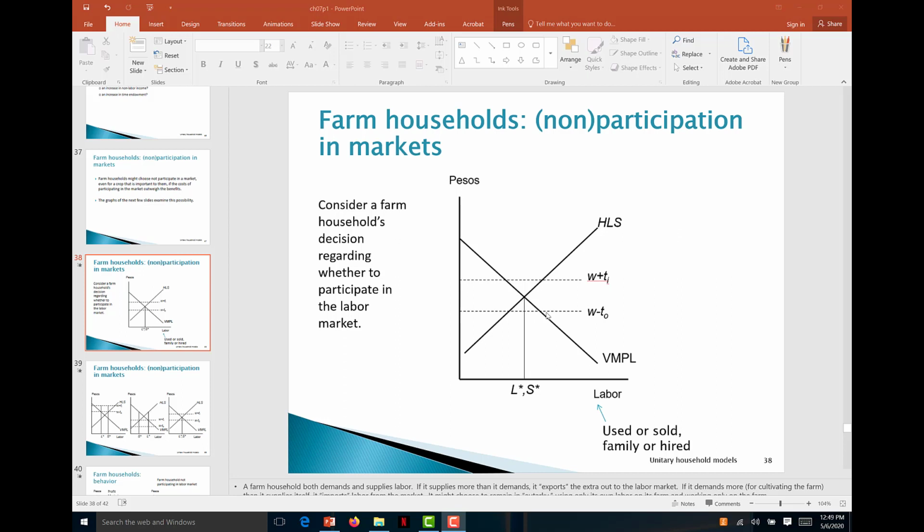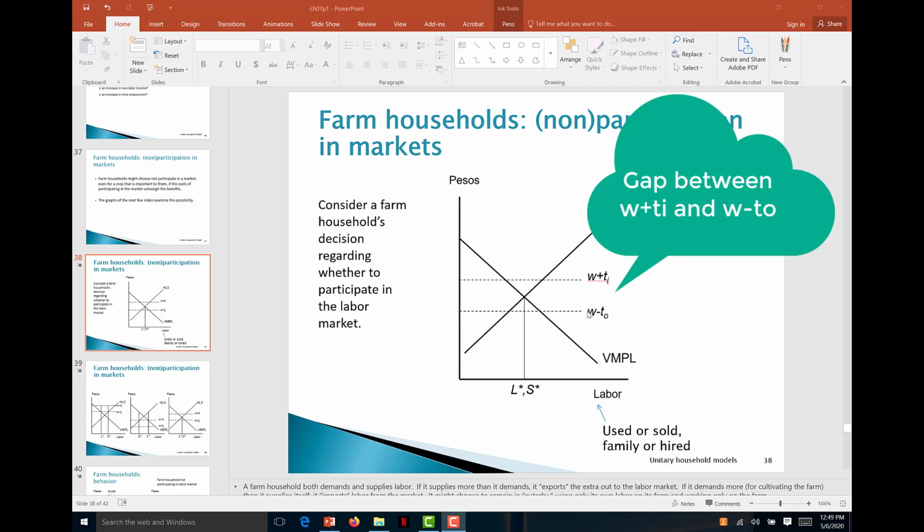And if on the other hand I offer my labor on the market, if I choose to work outside of my own home farm, the net wage that I get is W minus TO, and that gap between TI and TO is what will be interesting for us in the analysis.